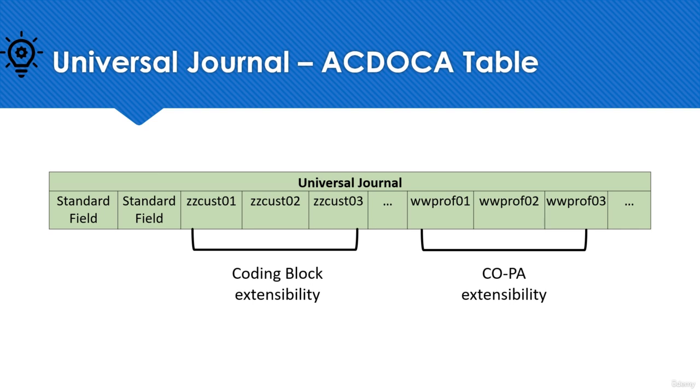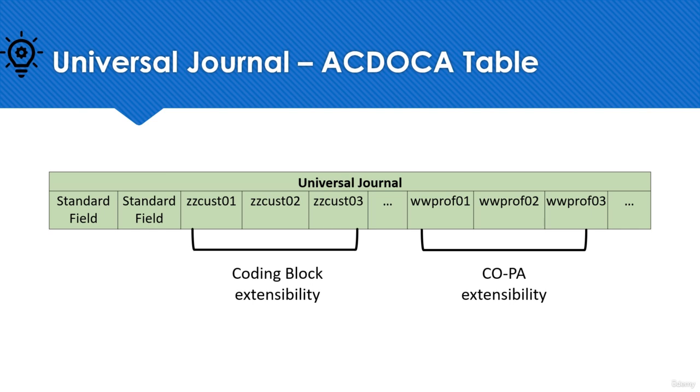As I showed you ACDOCA table through transaction code SE11, SAP has already provided standard fields in ACDOCA table, but you can create your own fields to extend ACDOCA table. So here, COPA extensibility and coding block extensibility are doing the same function.